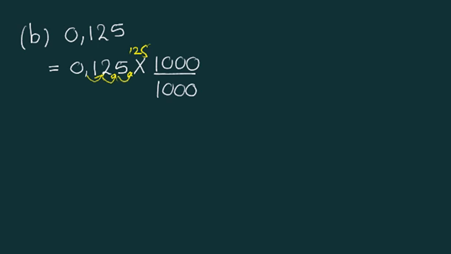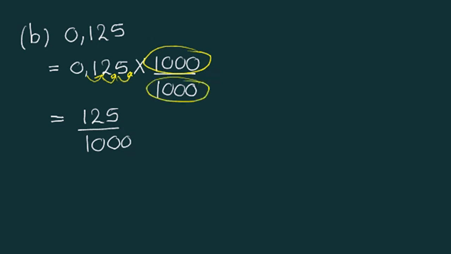So it has to be 1000 over 1000, so that if I multiply 0.125 with this 1000, then it becomes 125. So I'll be having 125 on the numerator, and it will be divided by the 1000 that is on the denominator right here.